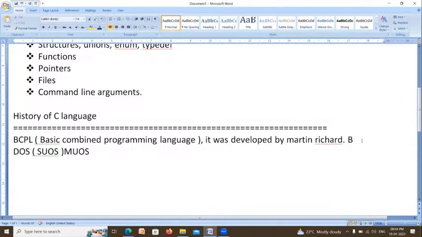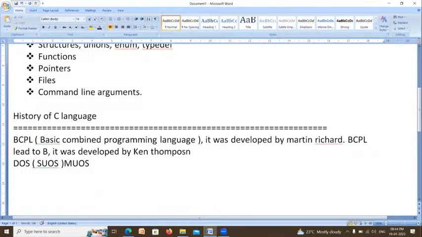We have to write it like this: BCPL led to B. It was developed by Ken Thompson.